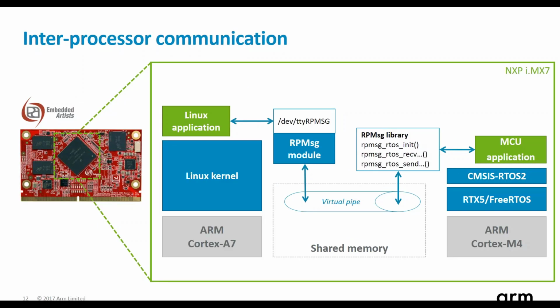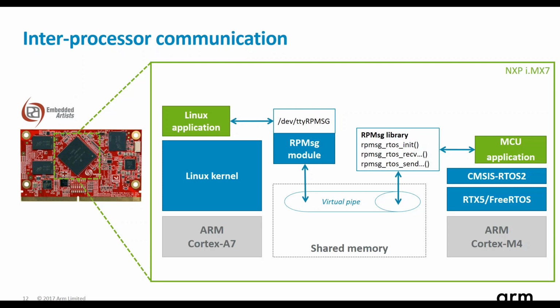In terms of interprocessor communication, as I said, with the RP message module, which is part of the OpenAMP, on the Linux side there's a TTY created. It's normally called, in /dev, of course, ttyRPMSG, and it's possible to simply read and write as if it was a normal TTY. So with simple IO, even with echo, as we can see later, we can write messages directly to the other application.